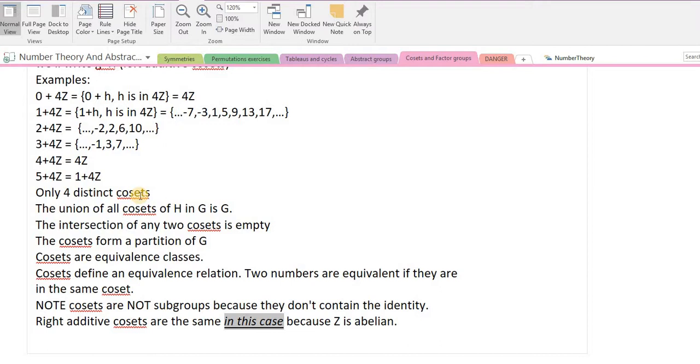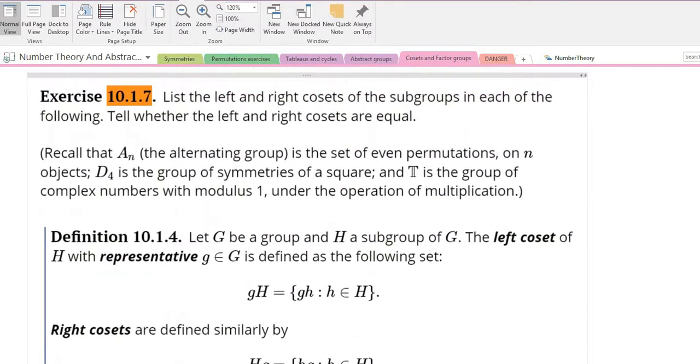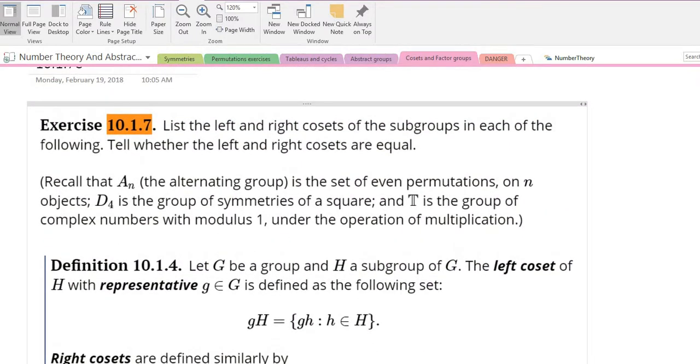All right. So let me go back to the question here. The question that was asked was, list the left and right cosets of the subgroups in each of the following. So let me get left and right cosets, and the one I asked myself was 4e.